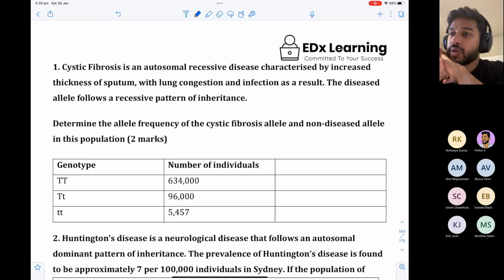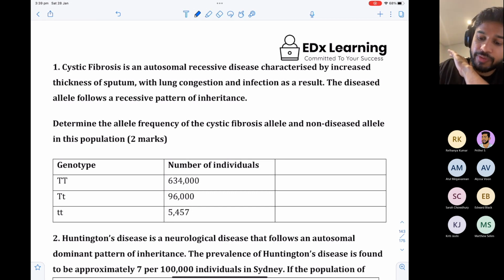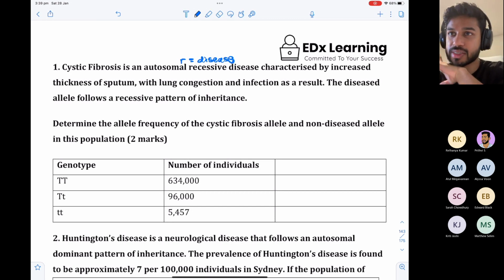Okay, so the question is quite literally just mentioning cystic fibrosis is an autosomal recessive disease. So straight away, if I was reading this question, I would have written little r equals disease, right? So it's this little r allele that causes cystic fibrosis.